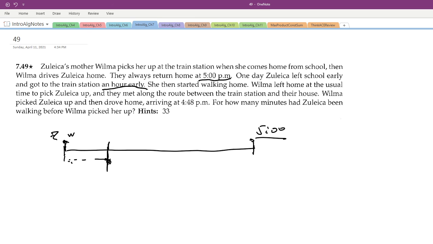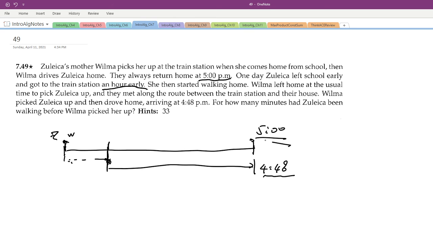Then Wilma drove back home and arrived at 4:48. You can think of it this way: Wilma drove less distance here, right?